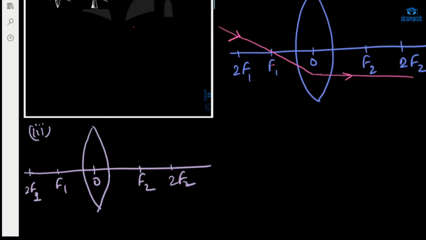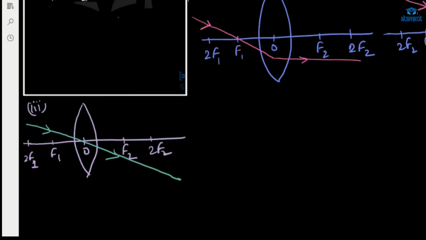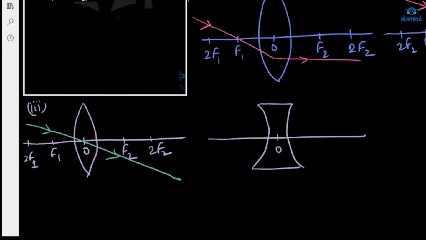Is it fine? Fine or not? And same will be with the concave lens. The ray directed towards the optical center will emerge out undeviated.